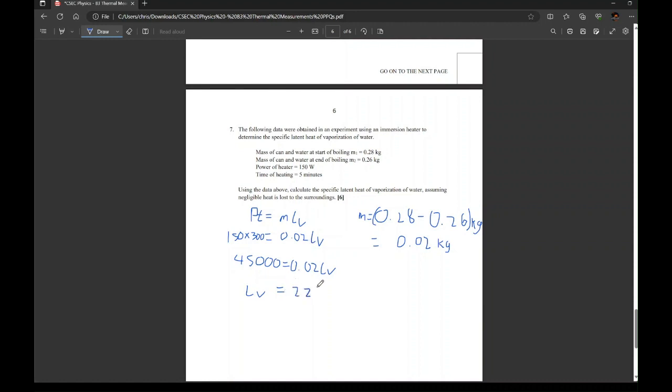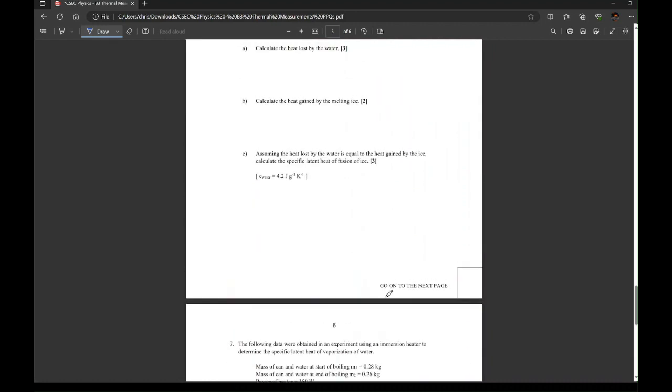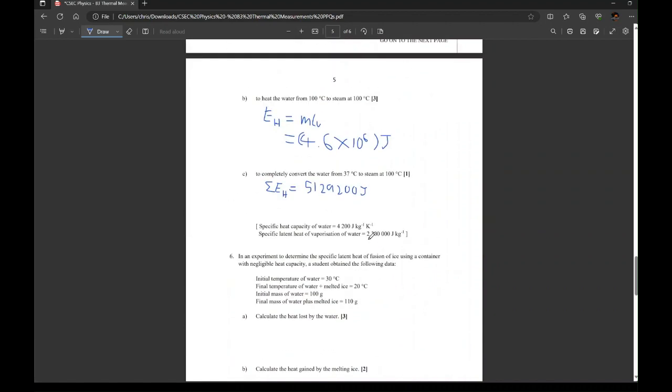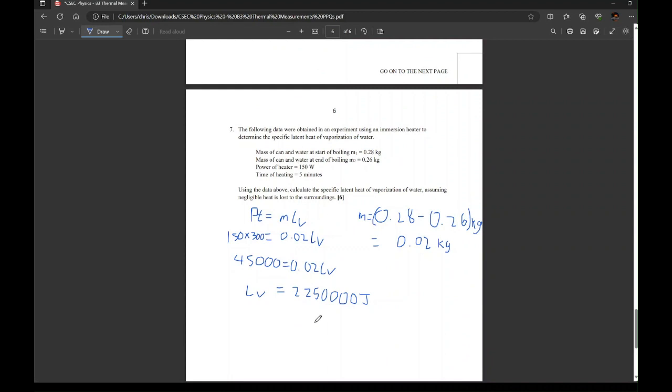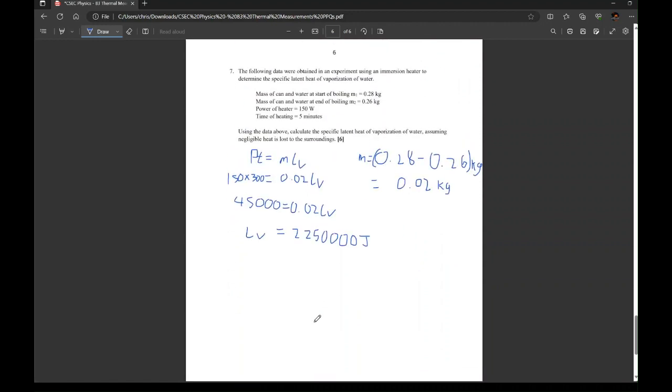And if you realize, that's actually pretty close to the constant for the specific latent heat of vaporization that they gave us earlier. So that's a good indication that we've done the right thing. They gave us 2.3 million, we got 2.25 million. So pretty close. Right, and that is, I believe, the end of our worksheet and the end of our questions for today.